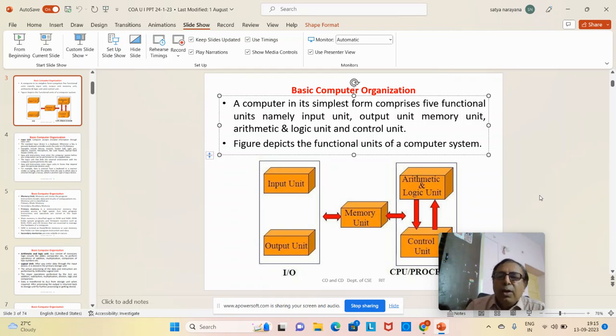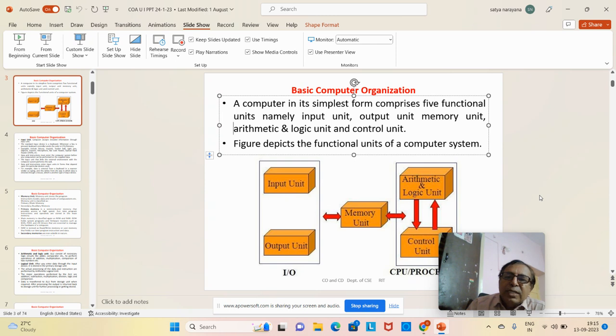So today we are going to discuss the functional block diagram of a computer. A computer is an electronic device that is meant for manipulating data, or you can simply say it's a big calculator.